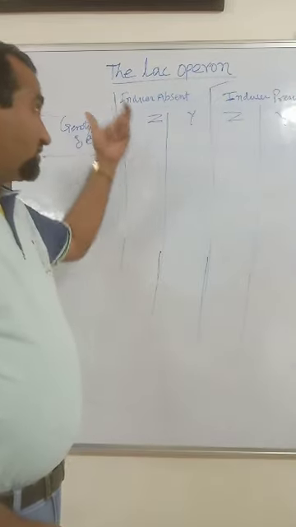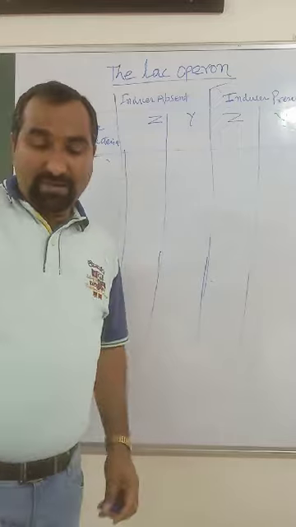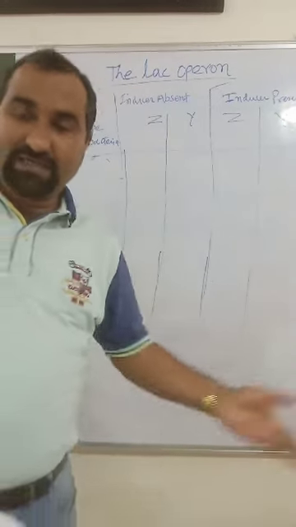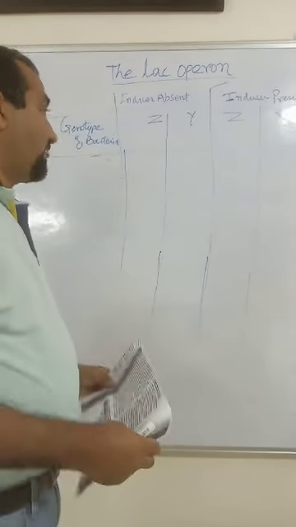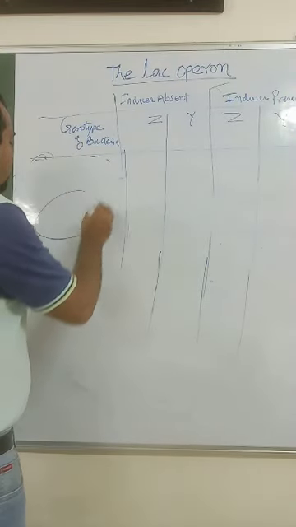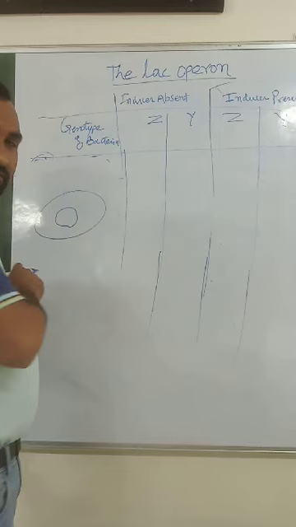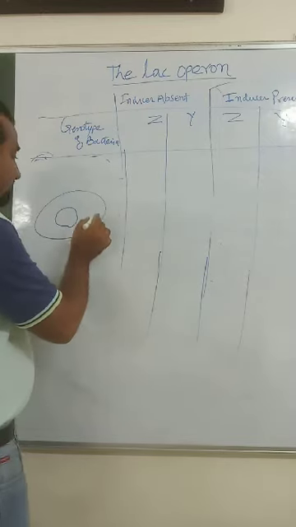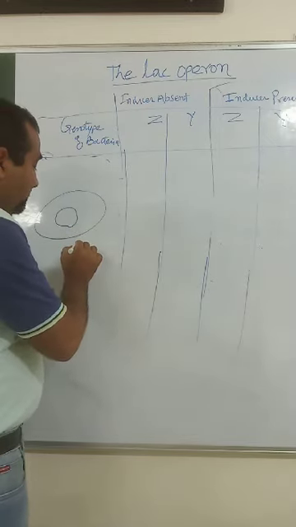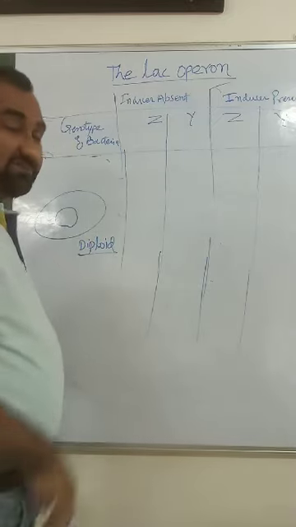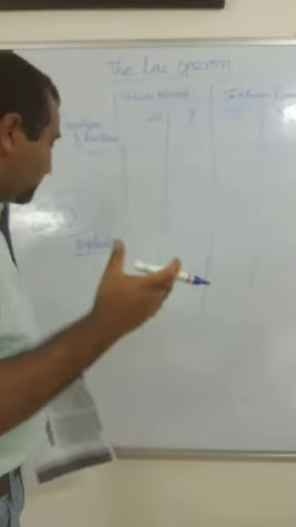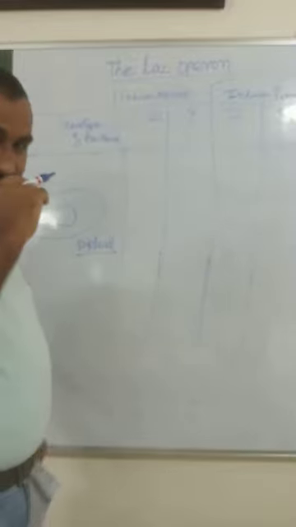And this was the case for a haploid bacteria, and bacteria are always haploid. But what if a bacterial cell which is haploid can become diploid, or if we make this bacterial cell a diploid cell for a particular gene.